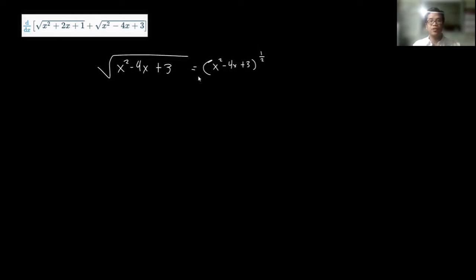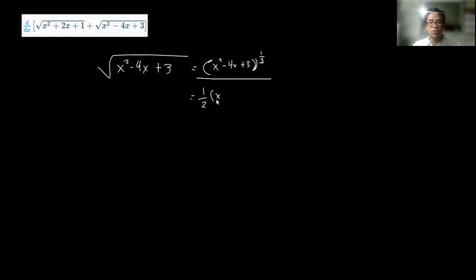The outer part here is basically a trinomial raised to an exponent of 1 half. It's like the square root of a trinomial. So again, derive the outer part. What do we do? We bring down the exponent, same rule as in the power rule.